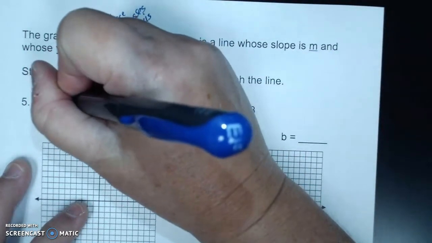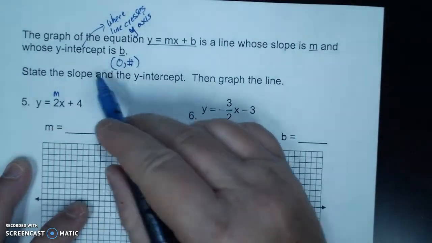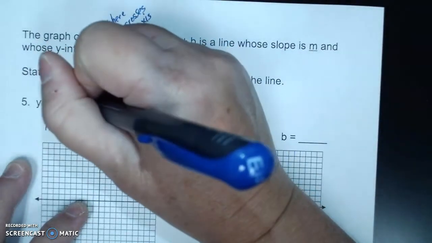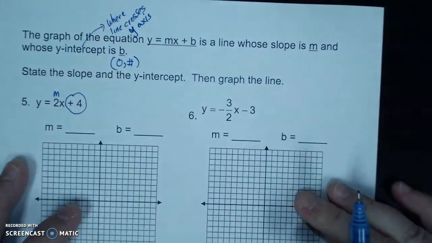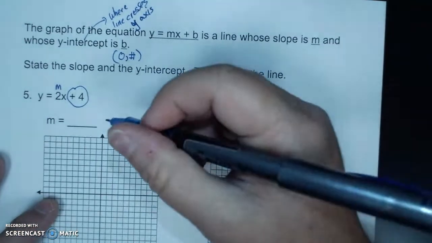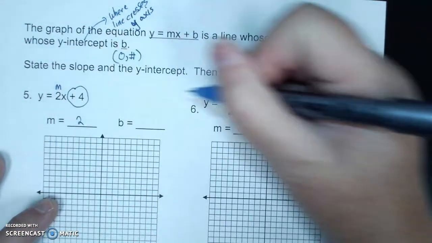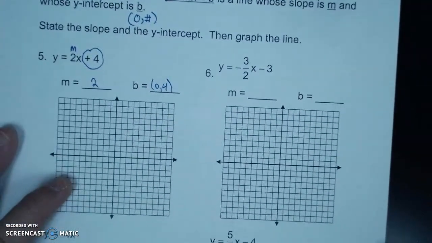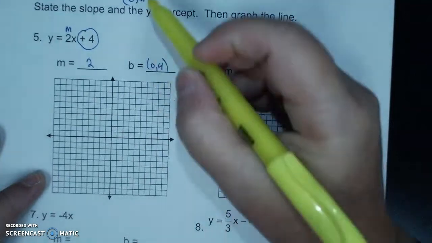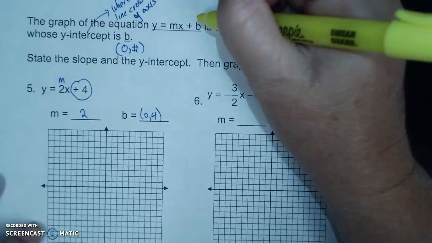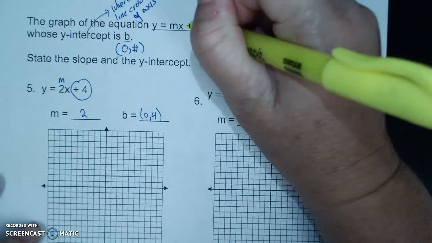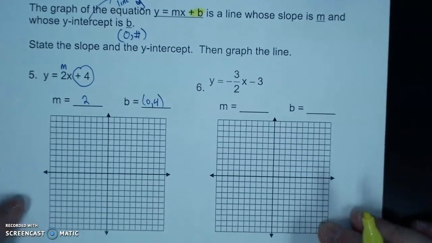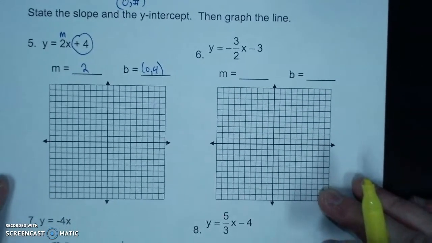In here, this is your m. It says state the slope and the y-intercept and graph the line. And this is your b with the sign. So m is 2, b is 0, 4. This information tells you where to put your first point on graphing a line.